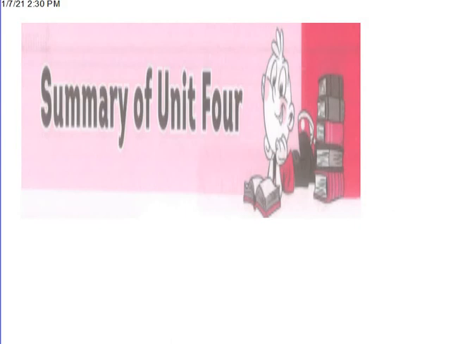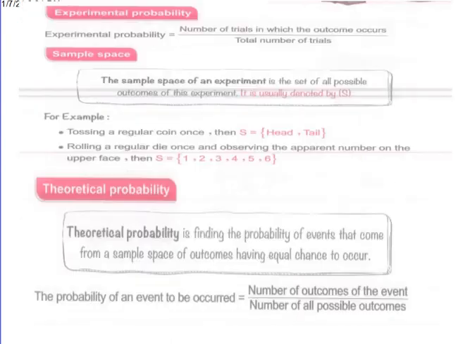Okay, we have a summary of Unit 4. We're going to talk about probability. What is the experimental probability? It is the number of trials over the total, as in the example of the box full of balls. Also the coin: it equals half.